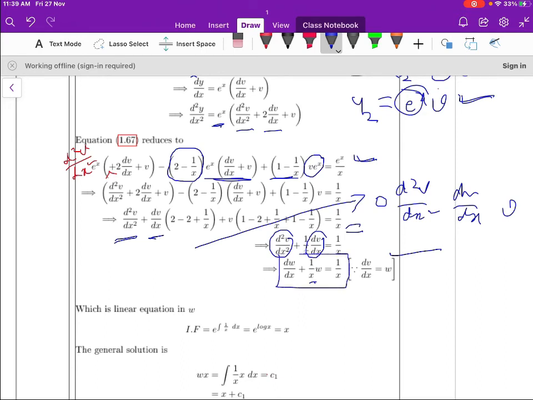So this is a first order differential equation. It is a reduced order of the differential equation, from second order to first order, by assuming the first part of the complementary function. This is a linear equation in w as the dependent variable.